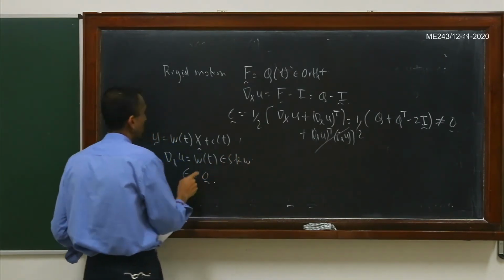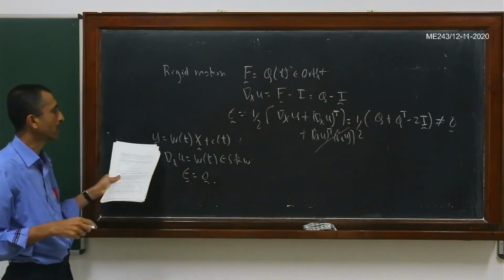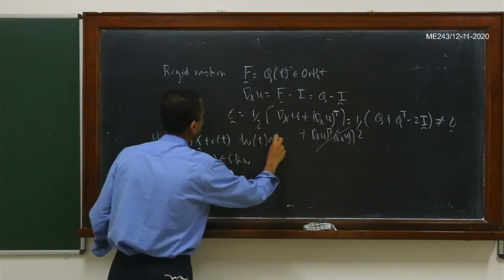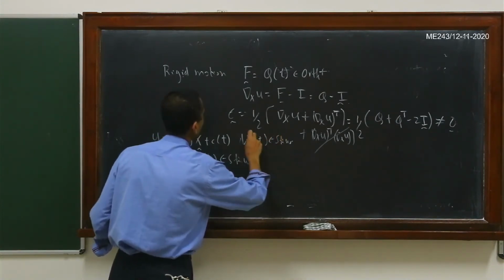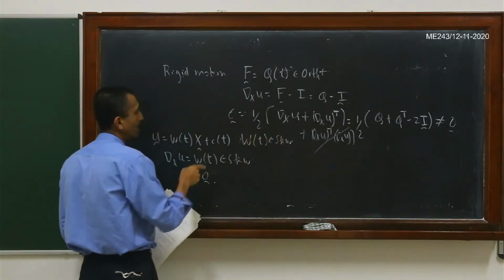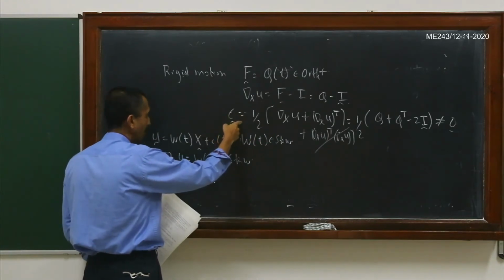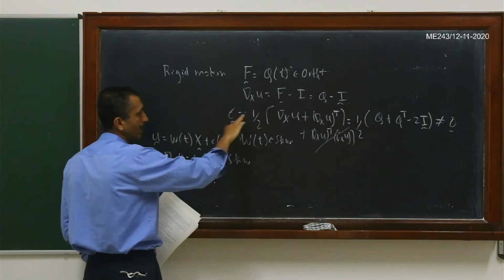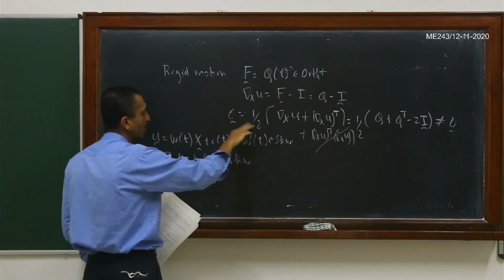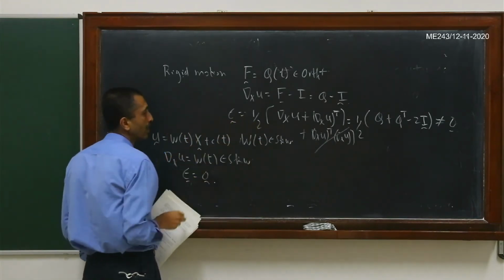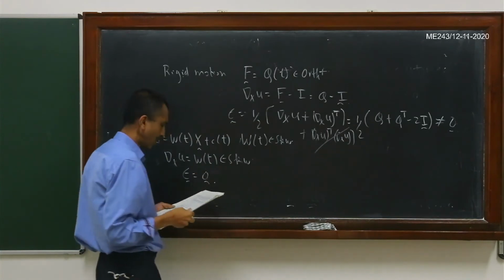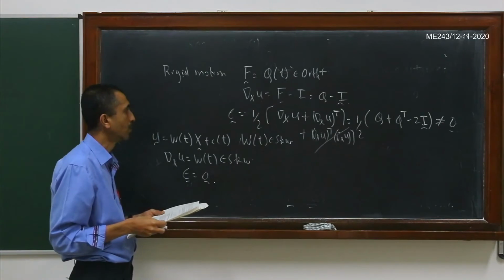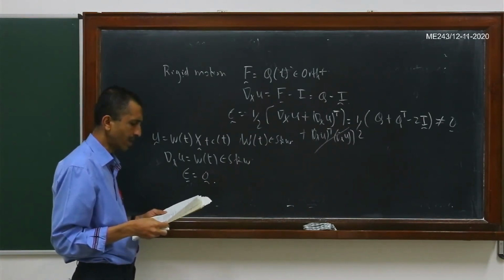So if your U is of this particular form with W of T belonging to Q, then you will see that the linearized strain tensor vanishes, and the converse is also true. All those things we will prove at a later stage: if epsilon is equal to 0, then U has to be of this particular form. Those statements we will look at at a later stage.